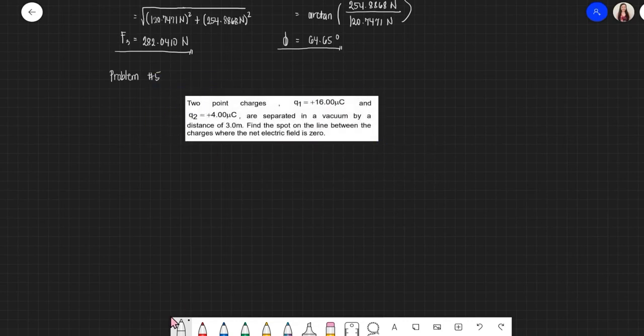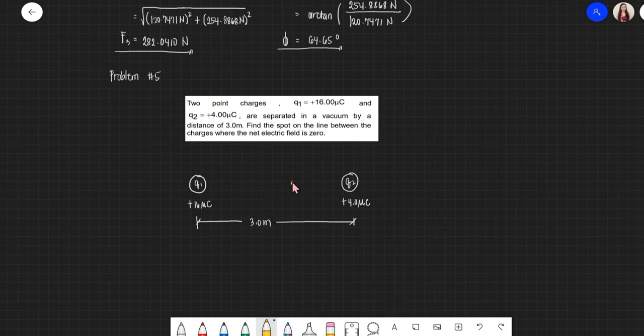Okay, so here we have Q1 and Q2. Q1 is positive 16 microcoulombs and Q2 is positive 4 microcoulombs, and they are separated by a distance of 3 meters. So we are to find a spot on the line between the charges where the net electric field is 0.